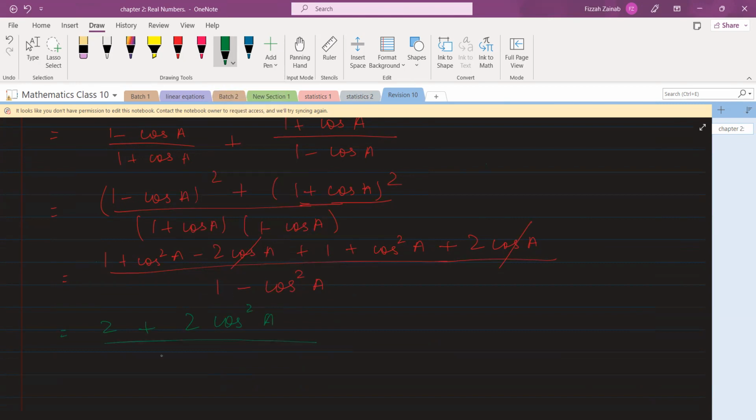And 1 minus cos square A is sine square A. So what you have to prove, what is the RHS? RHS is in terms of cos, so don't change this in sine. Keep it like this, cos square A. You can just take 2 common, so it will be 1 plus cos square A divided by 1 minus cos square A.